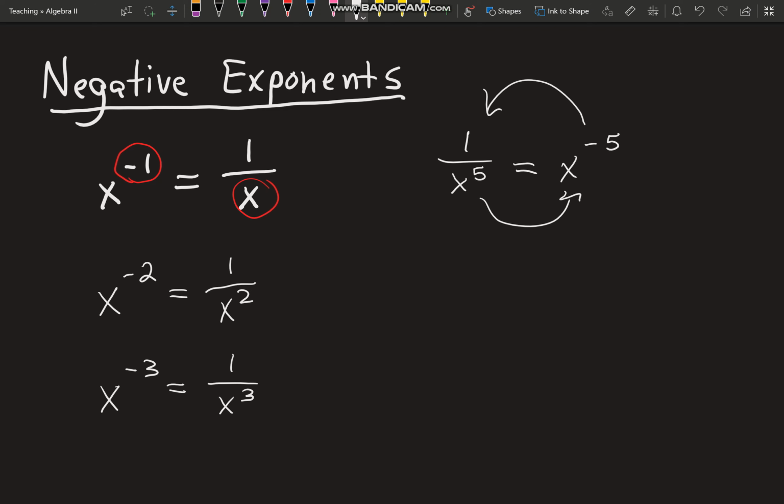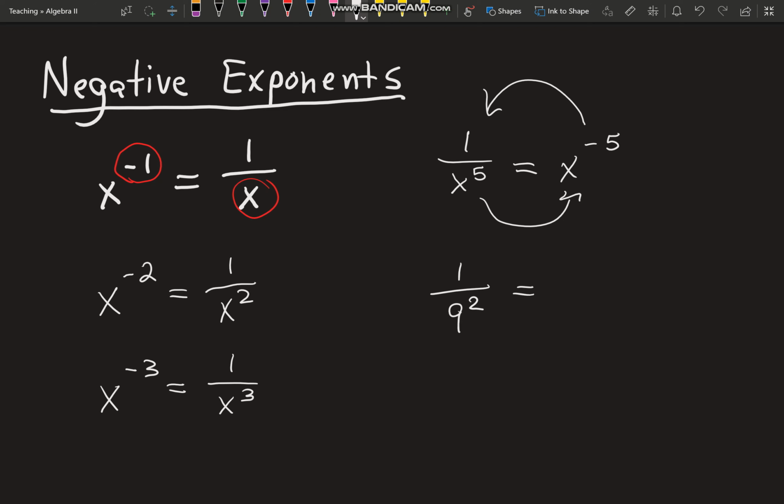So another example, if I asked you to rewrite 1 over 9 squared. So now our x has just become a number. Now it's 9.